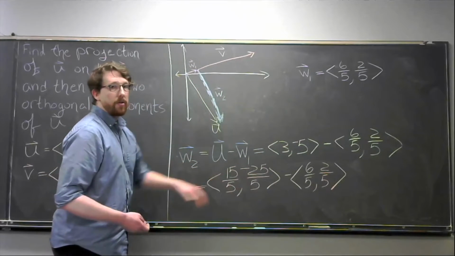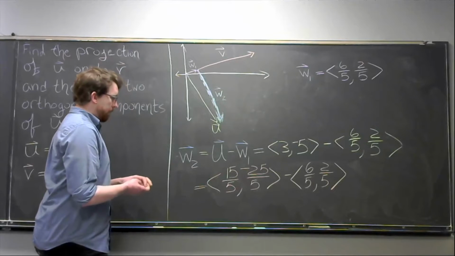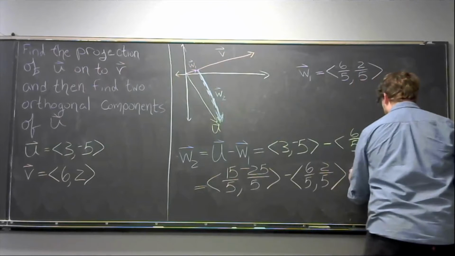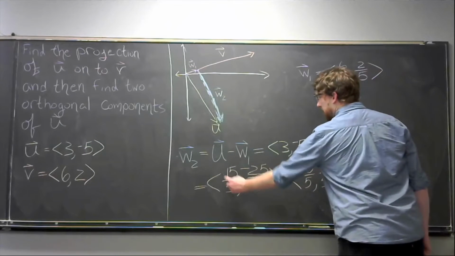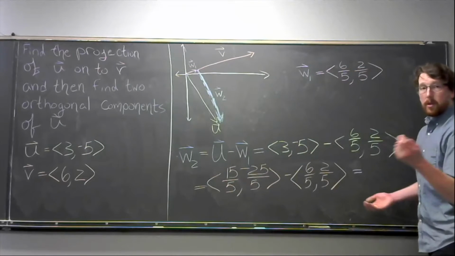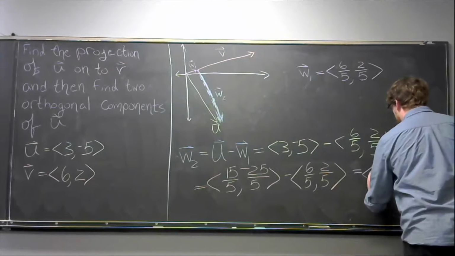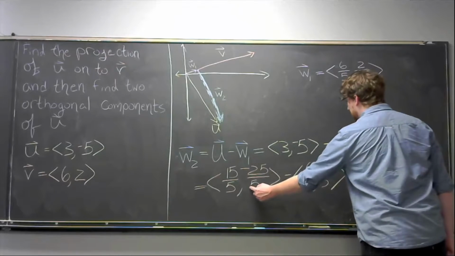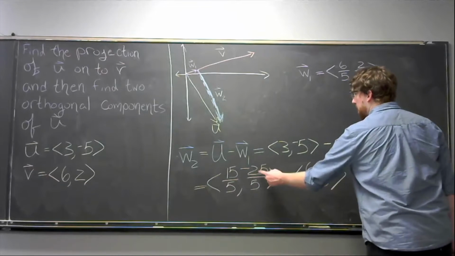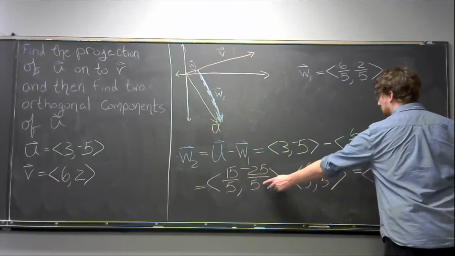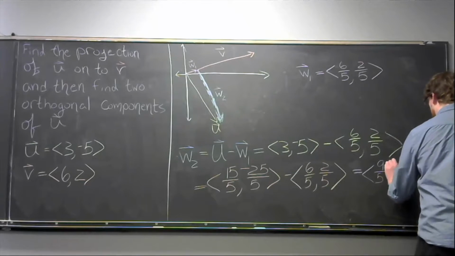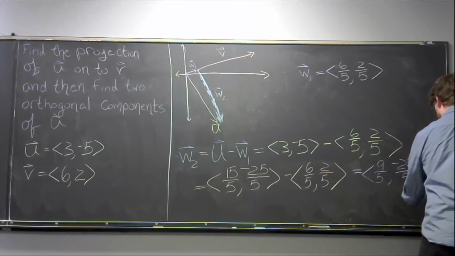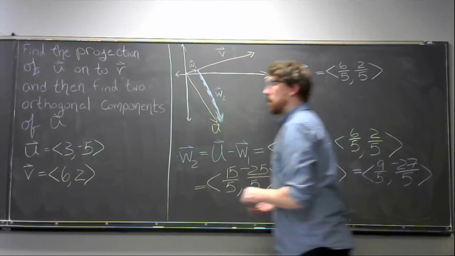And you can check my math here. If that's the case, then 15 minus 6, well, that's going to be 9. So we're going to have 9 over 5. And negative 25 minus 2 over 5, well, that means this is going to become negative 27 over 5. And that's our W2.